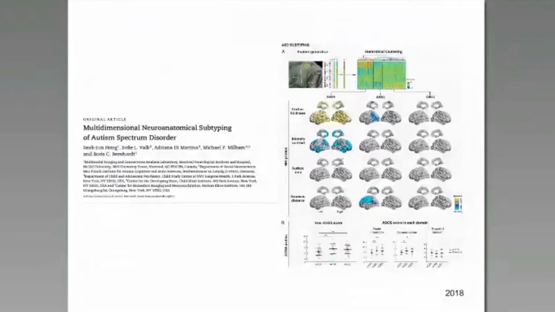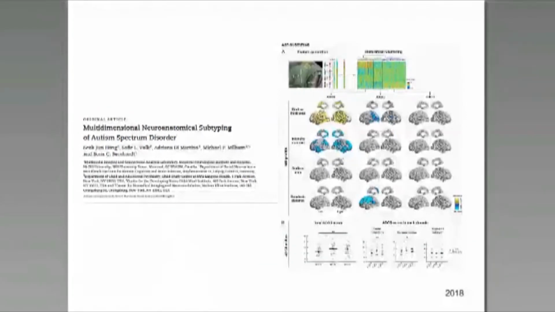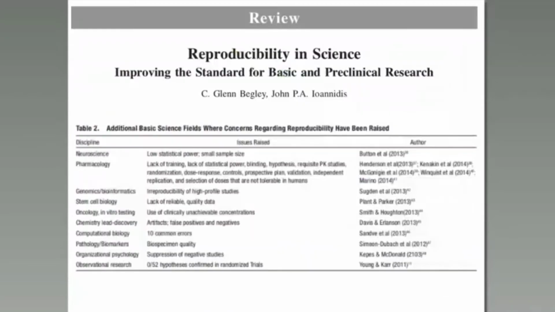One of the papers emerging in the autism community was this one by Seok-Jun Hong, where the idea was to subtype individuals with autism based upon structural imaging, identifying in this case three homogeneous subgroupings. The advance was that once you had these homogeneous subgroupings, you were better able to appreciate brain-behavior relationships. Again, these are just examples of what happens when we start pooling data together and sharing it.